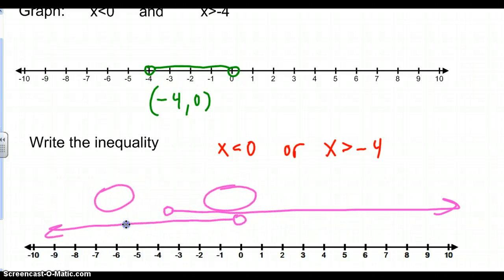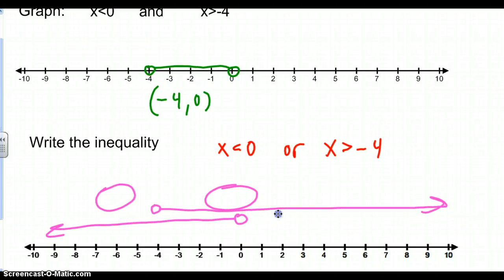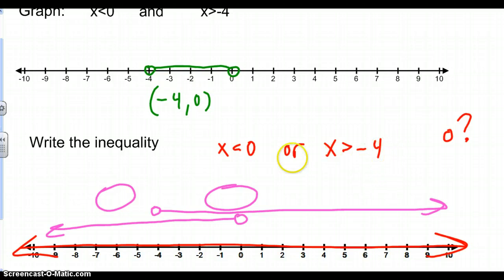So if I've got x is less than 0 or x is greater than -4, if I'm going to graph this, the whole number line is a solution. The reason for that is because even here at 0, if I were to plug in 0, is 0 a solution? Well, let's see. Is 0 smaller than 0? Absolutely not. Is 0 bigger than -4? Yes. That's an OR statement.